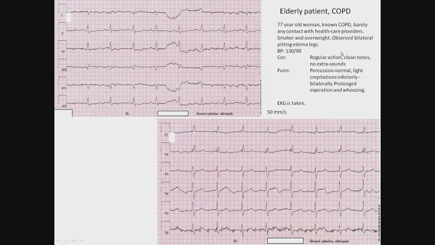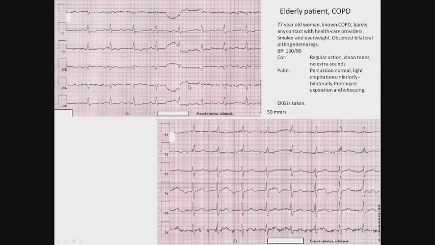We do an ECG examination, and please observe that this ECG strip is at 50 mm per second speed, which is the standard speed used in Ålesund Hospital, where I work.